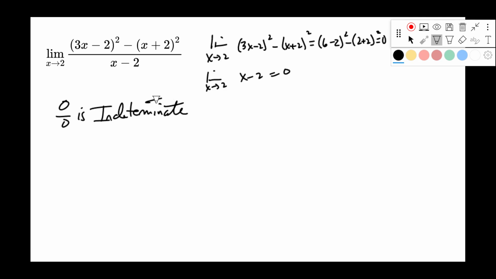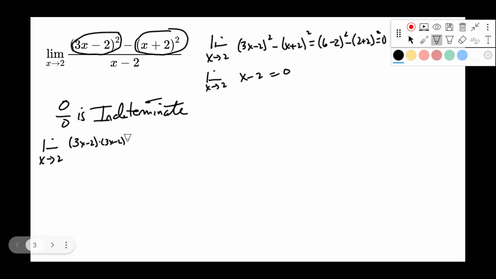So let's take a look. What would an Algebra 1 kid do with what they see up top? Well, they see this and that. They know how to multiply that out. So that's what you should do. Multiply it out. So let's rewrite it first. And we're going to multiply out.